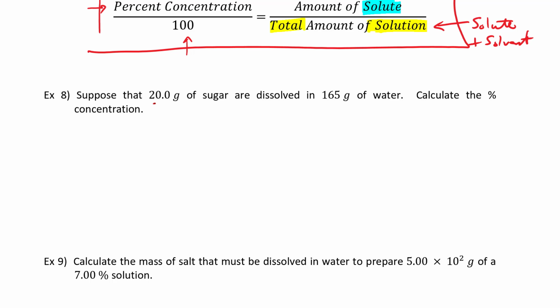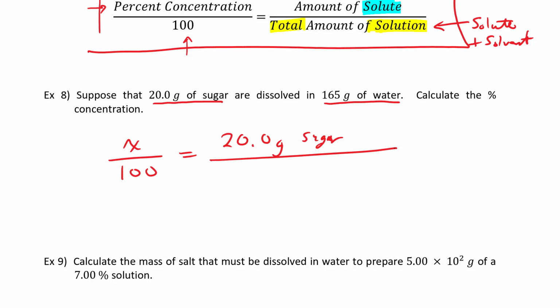Suppose that 20.0 grams of sugar are dissolved in 165 grams of water. Calculate the percent concentration. I don't know what the percent concentration is. That'll be my unknown. I'm taking 20.0 grams of my sugar, and I'm going to dissolve that into water. Be careful here. Again, this is a common mistake students make.